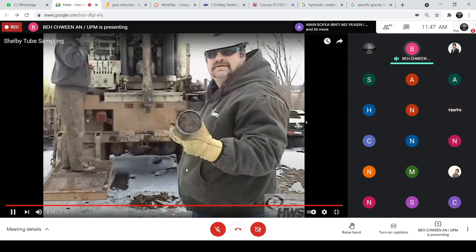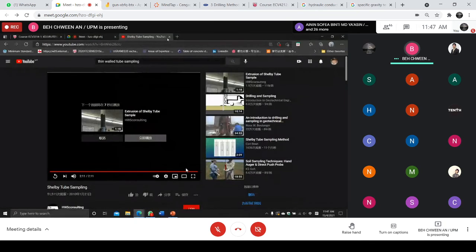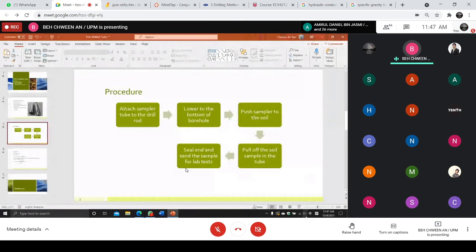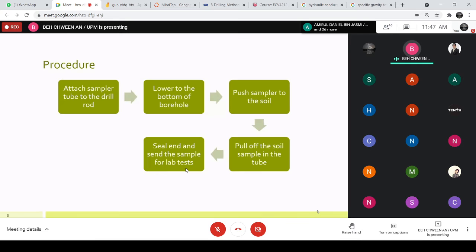Okay, so the sample is taken out like this. So that's all from my part. So I pass to Yao Wei to continue.